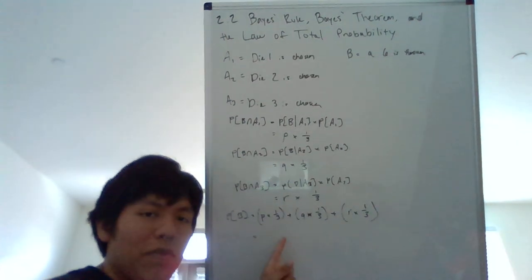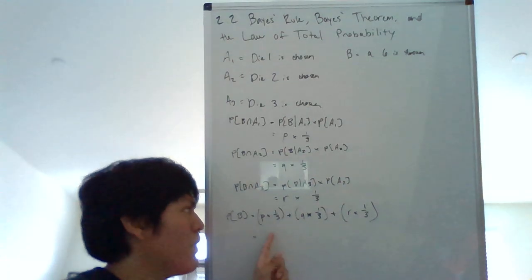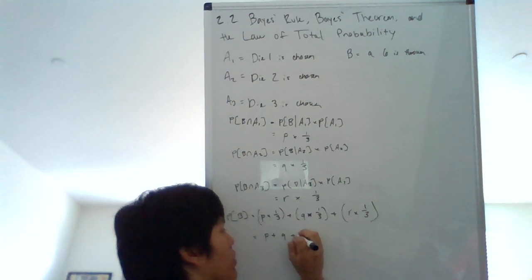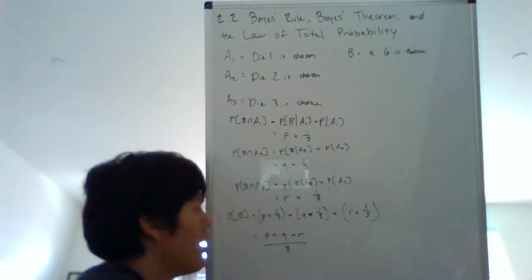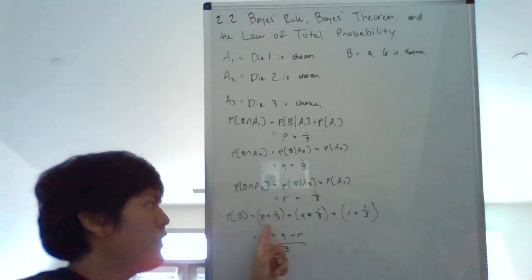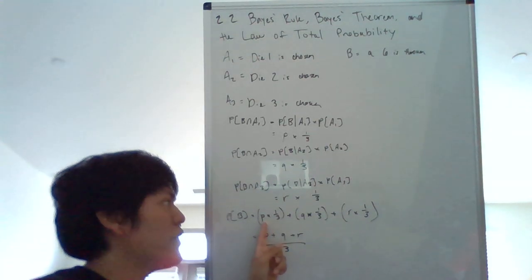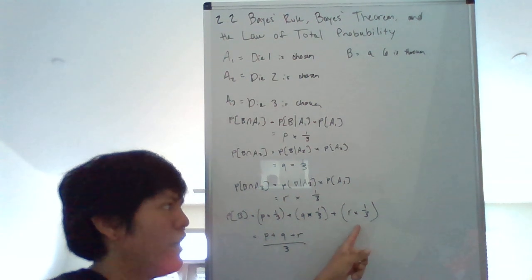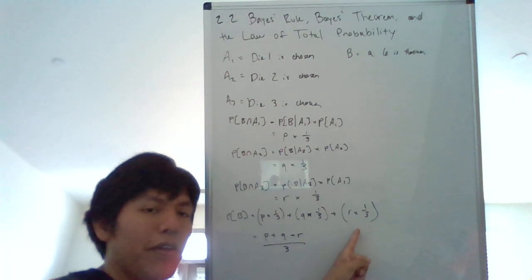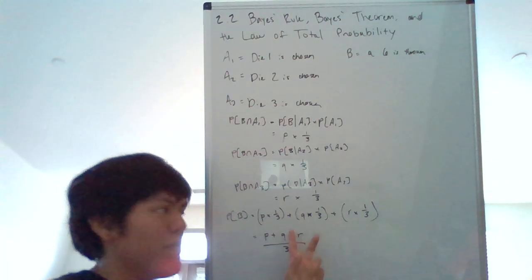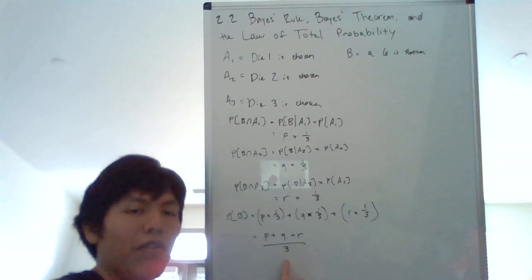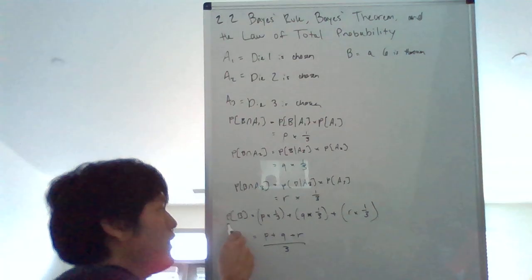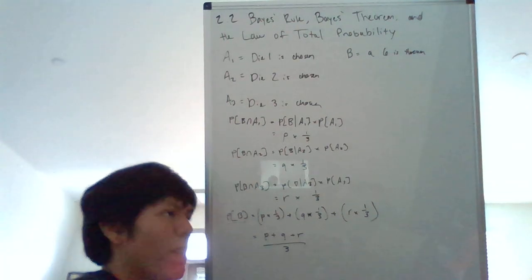Since we're multiplying all of these by 1/3, we can write this as P plus Q plus R over 3. P times 1/3 is the same as P over 3, Q times 1/3 is the same as Q over 3, and R times 1/3 is the same as R over 3. And since we're adding all of these terms, we can just add up the numerators over the same denominator, which is 3. And that's how we found the total probability of B.